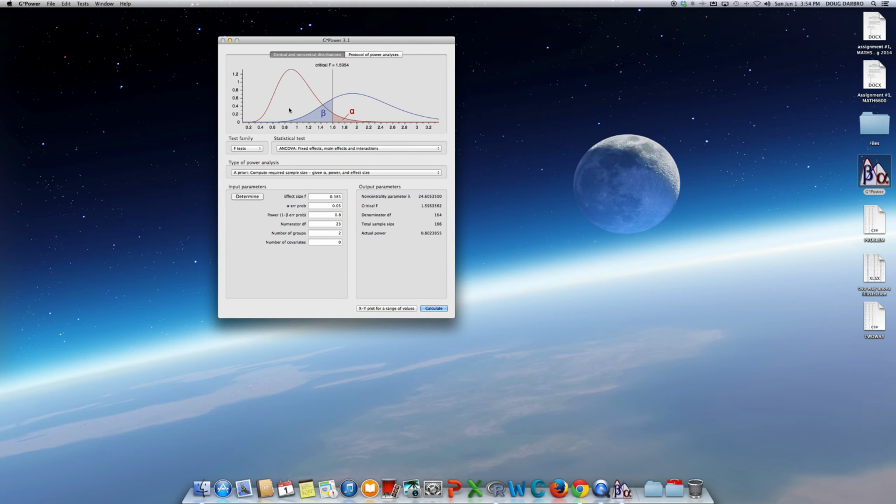Now, if we go back to the interaction effect, well, don't we love the spinning wheel?